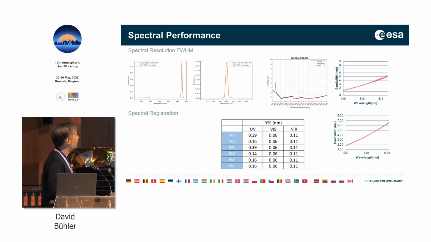So here are some illustrations of the spectral performance. On the top left you have the UV centered at 350 nanometer, and one of the characteristics of this Fabry-Perot is that you have some side lobes. One example is here. This is actually the worst case scenario. This is based on simulated data of the actual instrument, and the engineering models are currently being tested right now.